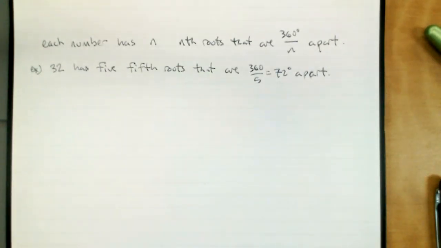32 has 5 fifth roots that are 72 degrees apart.